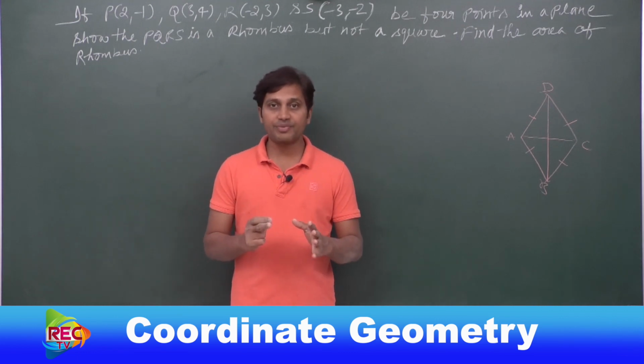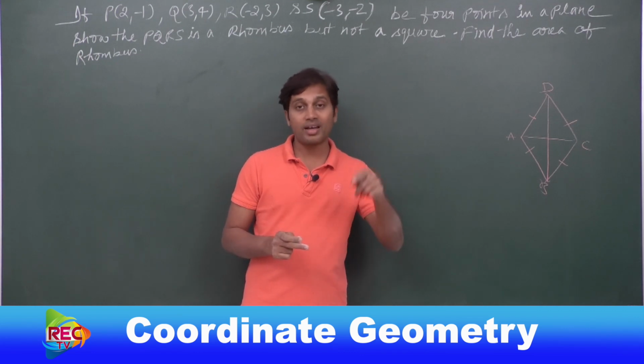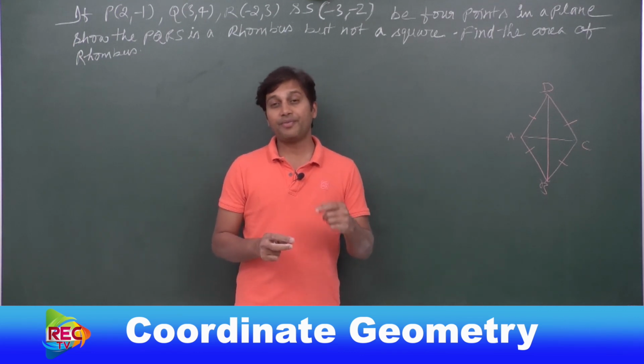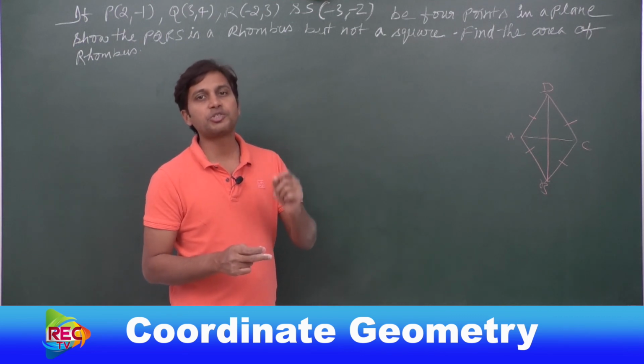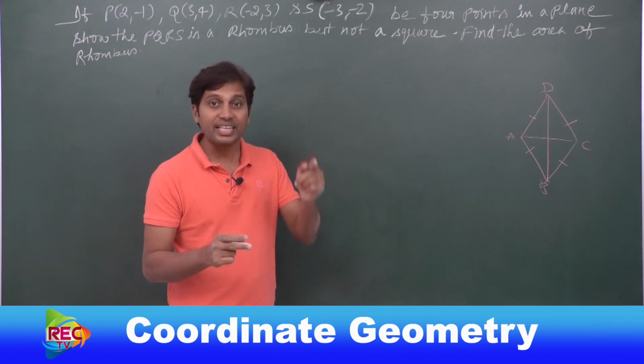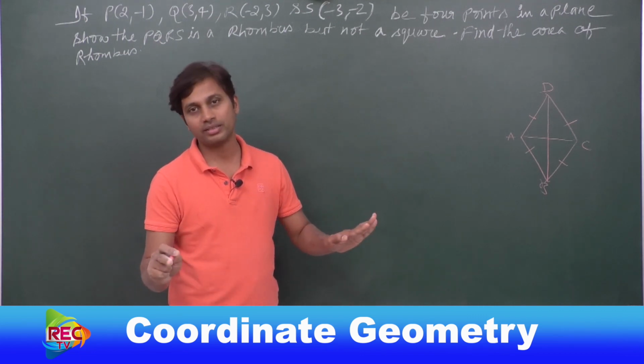In case of sides we can't say, since even with 4 equal sides it can be a rhombus or a square. But in a square the diagonals are equal, whereas in a rhombus the diagonals are unequal.